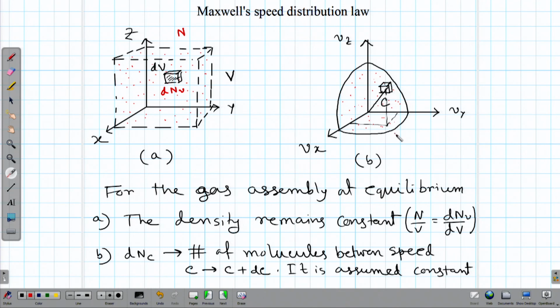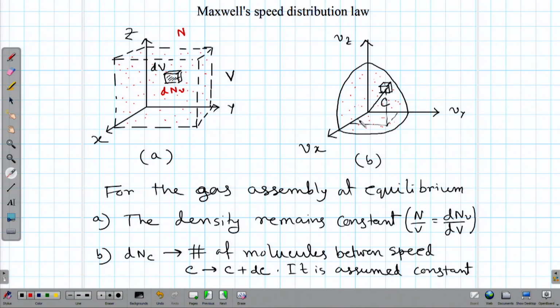So, each molecule will have a direct representation in this entire space, but we are just looking at the positive part of it, where Vx, Vy, Vz are all positive.